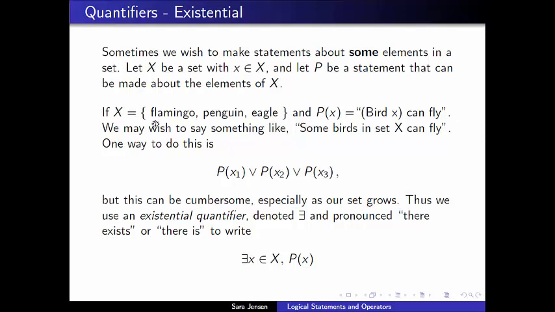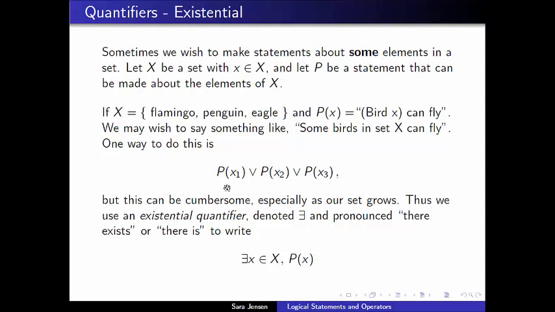It is no longer true to say that all of the birds in my set X can fly. A more accurate statement about this particular set X would be that some of the birds in my set X can fly. Again, I could do that with the tools that I previously have. I could use or statements instead of and statements to say either flamingos can fly, or penguins can fly, or eagles can fly.